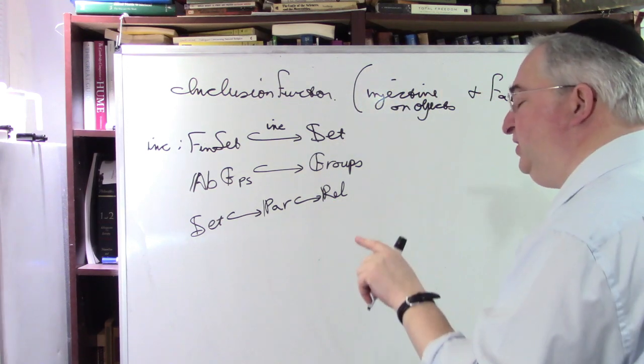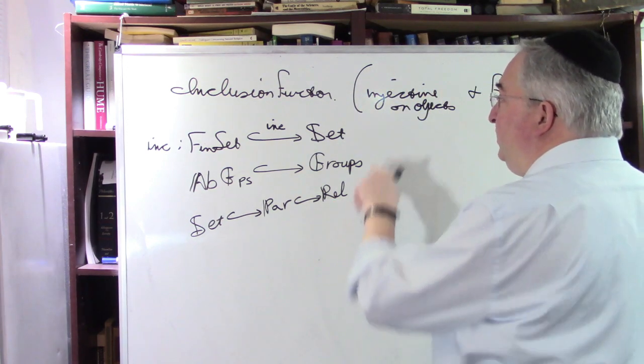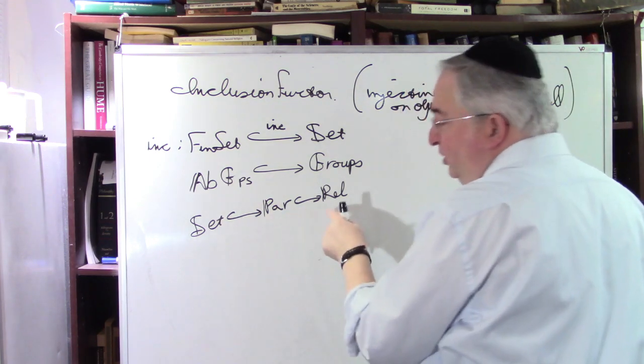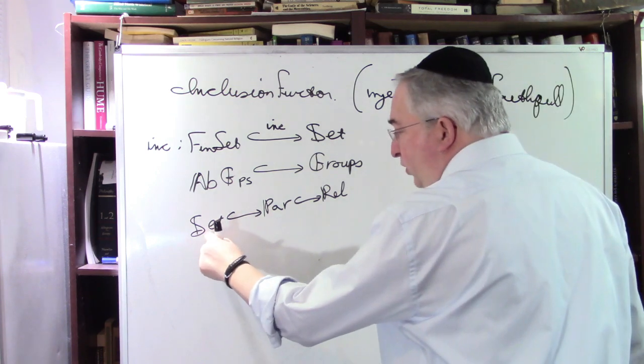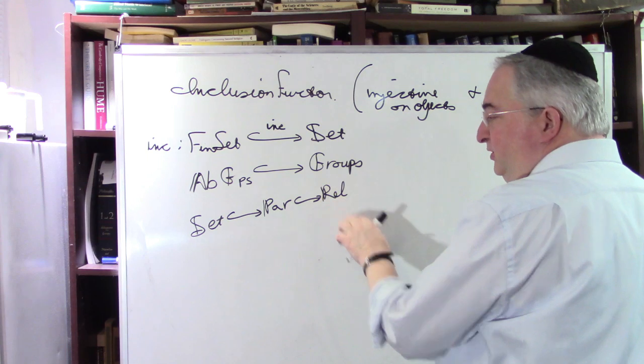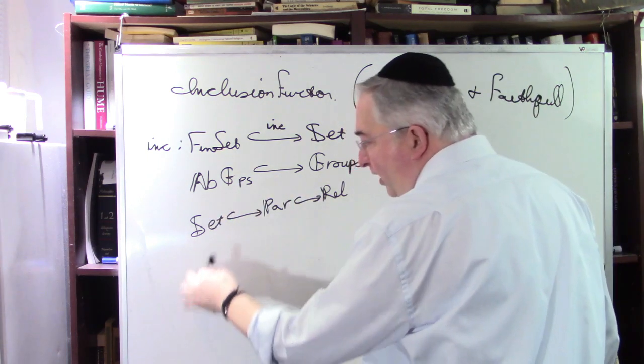This is the example I wanted to bring in, where not only is it injective on objects, it's actually bijective on objects, because the objects here go to the same objects here, which go to the same objects here. They're identity on objects.